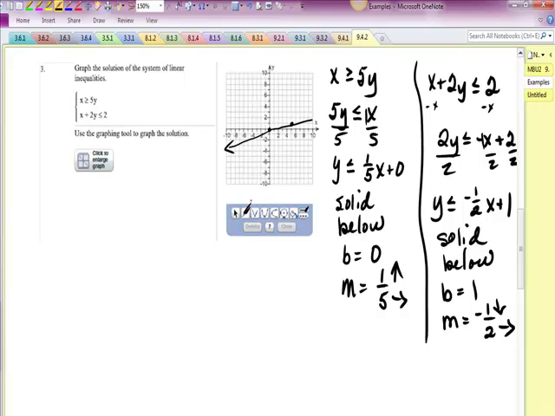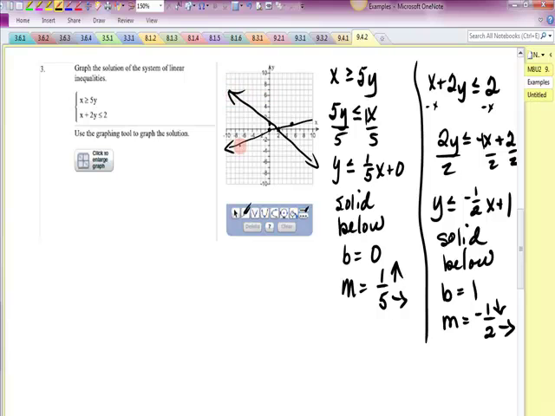Click this again. It is solid, so that needs to stay the same. Begin at 1. From there, go down 1, right 2. And I will get this solid line. And I'm supposed to shade below it.